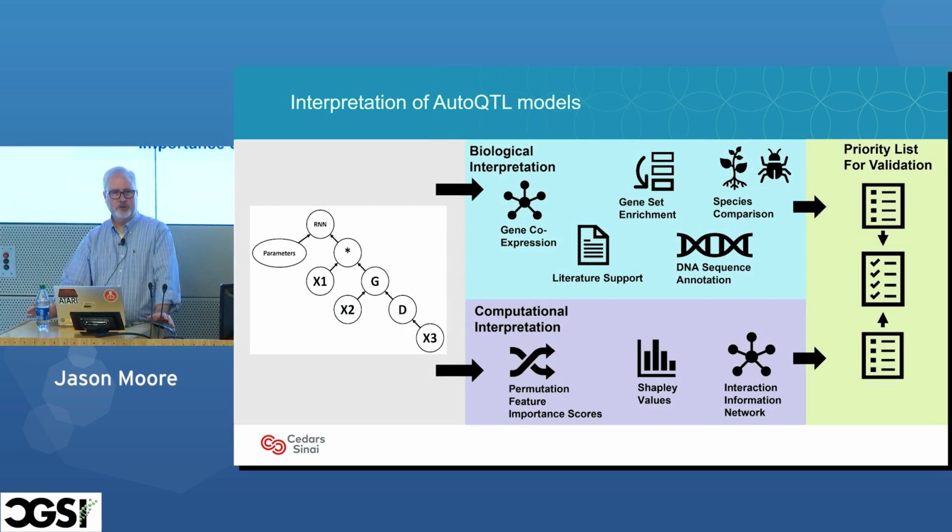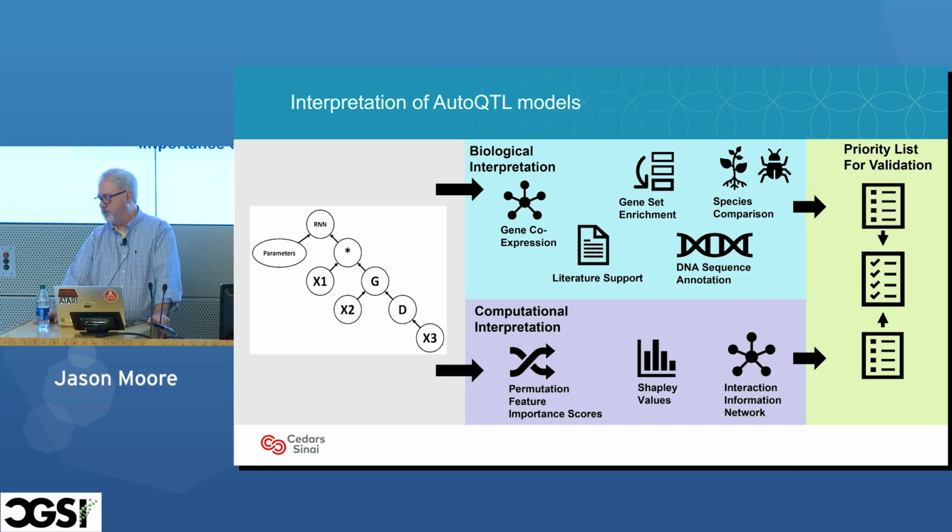All right, so I'll finish up. Obviously, this is just the beginning. As I said earlier, machine learning models make all of this difficult to interpret, but there are some things you can do. On the biology side, you could look at gene co-expression of the things it's finding in the model, gene set enrichment analysis, species comparison, et cetera.